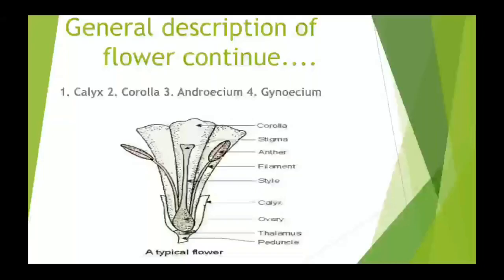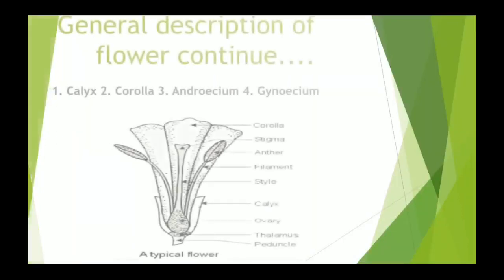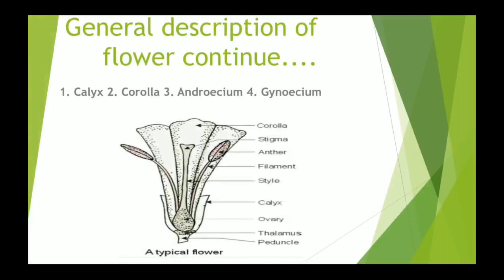Start the description of the flower. As you know, the flower has 4 whorls. Starting from the outermost whorl to the innermost whorl, the sequence is calyx, corolla, androecium, and gynoecium. In the preview, recall the structure of a flower.